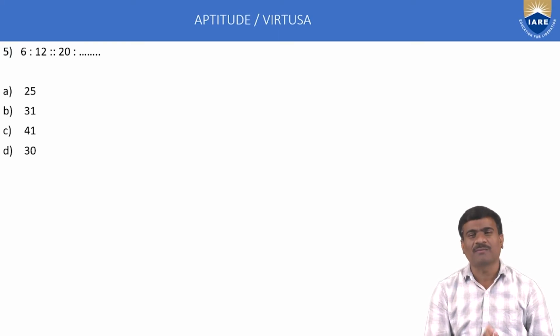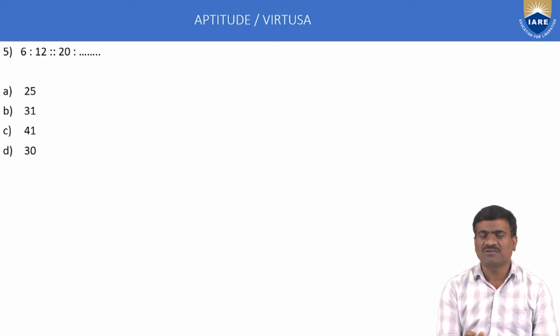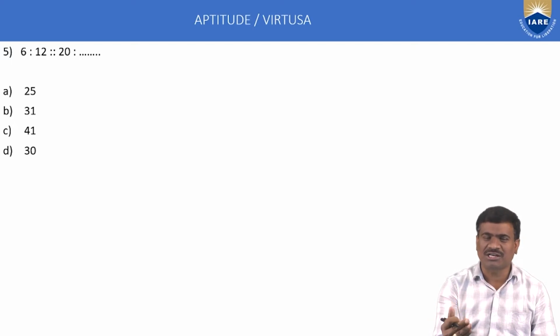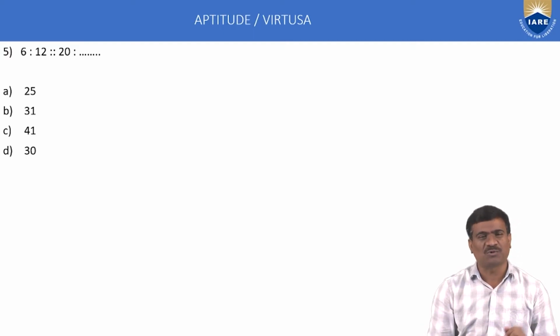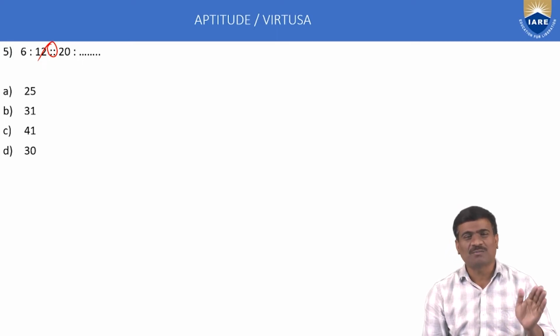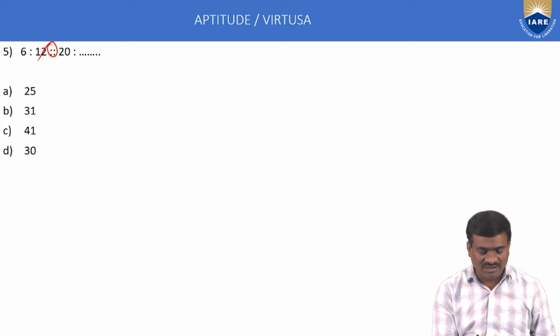But don't apply proportion logic. Suppose 4 dots indicate proportion. The proportion definition, product of extremes is equal to product of means, belongs to quantitative ability, where this is called ratio and proportion. Here 4 dots indicate proportion.